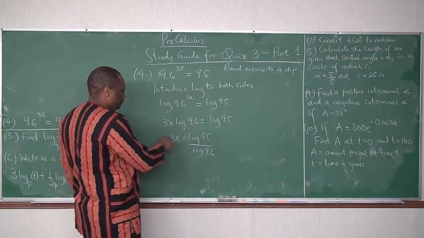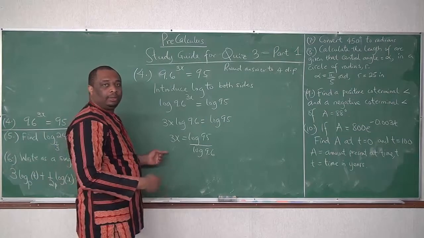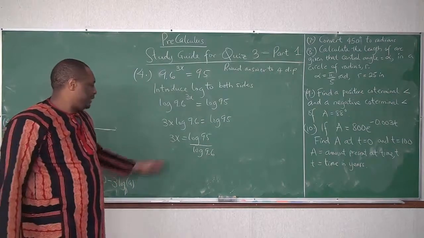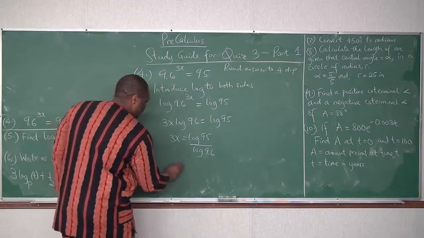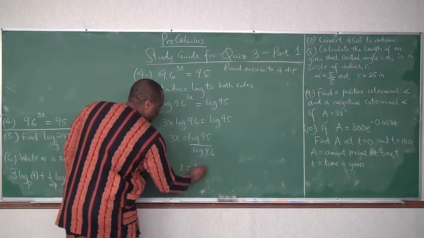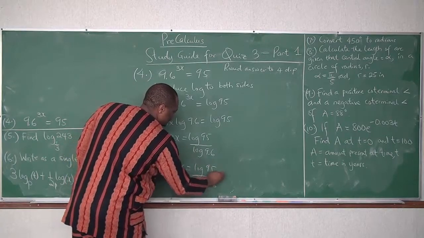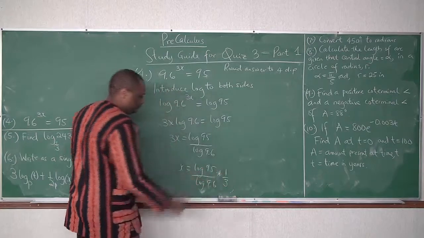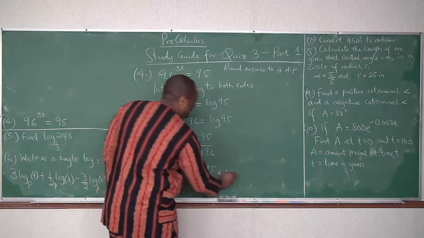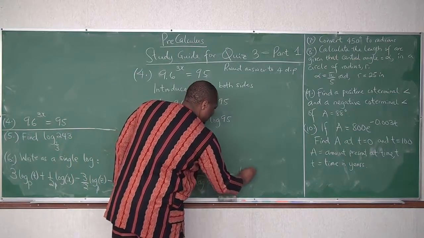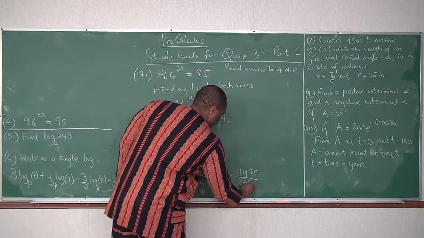So, you can multiply both sides by 1 over 3 so that you can isolate x. And if you do that, x will be log 95 over log 9.6 times 1 over 3. So this is like saying that this is log 95 over 3 times log 9.6.